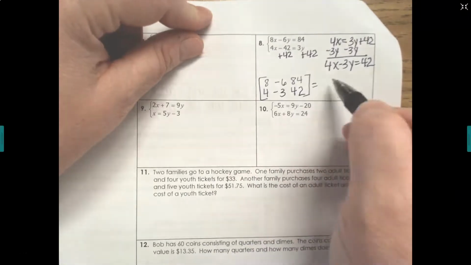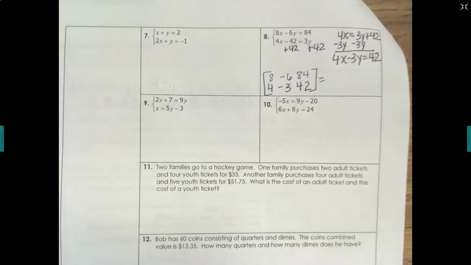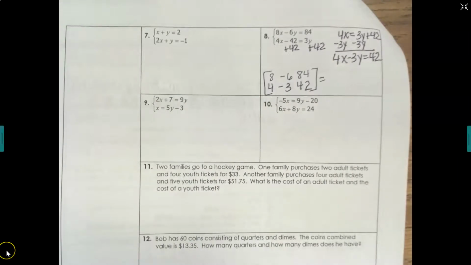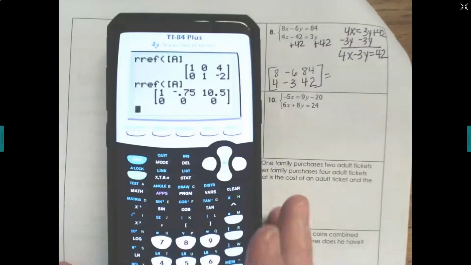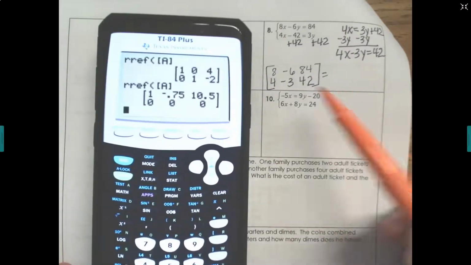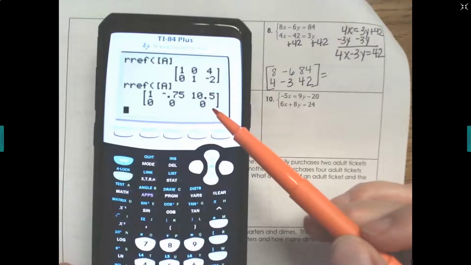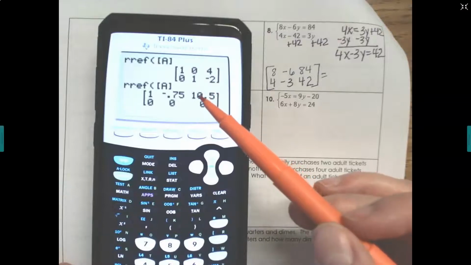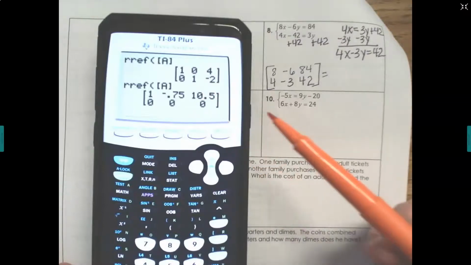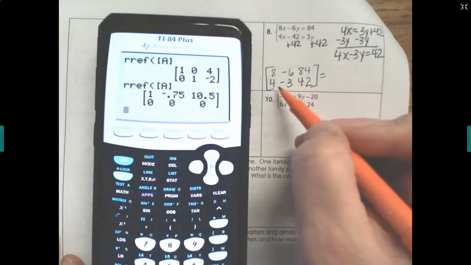Okay, I would like you to pause the video, put this into your calculator, and come back once you have your solution matrices. Okay, putting this in, you should have 1, 0, 5, 0. This is another very important thing you have to pay attention to.